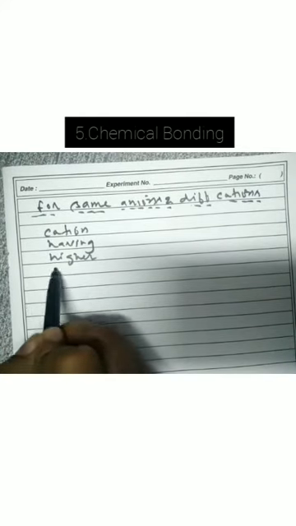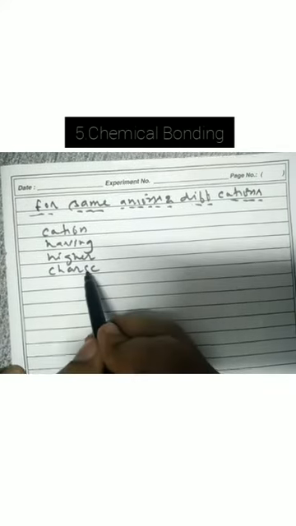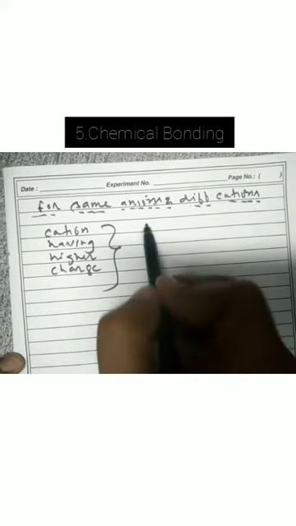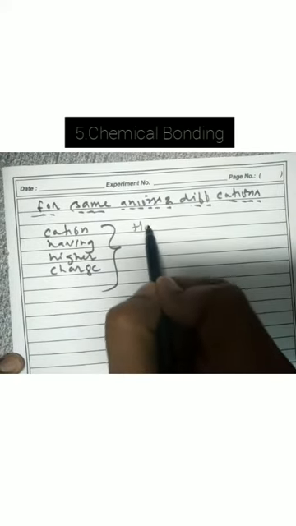Cation means positively charged species. The compound that contains the cation having higher charge has high lattice enthalpy.